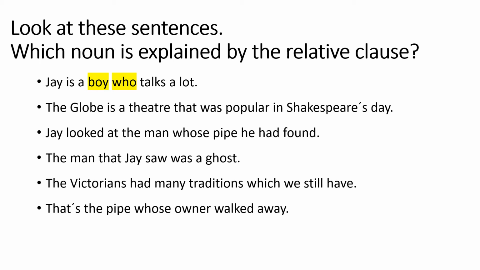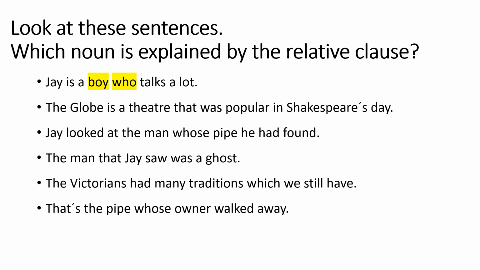The Globe is a theatre that was popular in Shakespeare's day. J looked at the man whose pipe he had found. The man that J saw was a ghost. The Victorians had many traditions which we still have. And that's the pipe whose owner walked away.